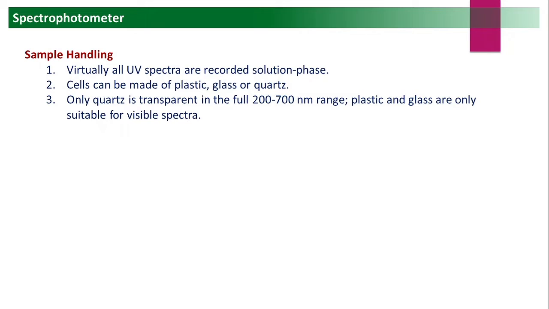Even glass absorbs around 300 nanometer, so it may interfere with the absorbance of a compound which absorbs in the UV region. That's why we should not use plastic and glass cuvettes for determination of UV spectra if our material absorbs below 300 nanometer.